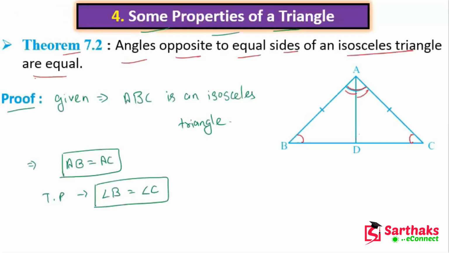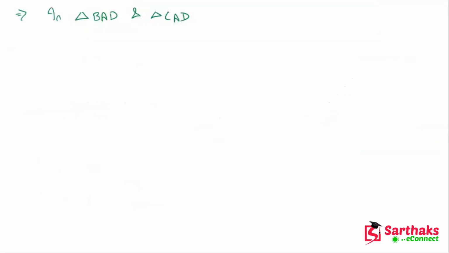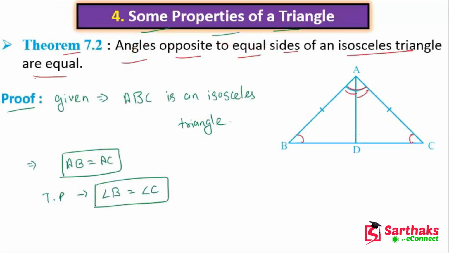In triangle BAD and triangle CAD, AB is equal to AC. This is given. And angle BAD is equal to angle CAD.